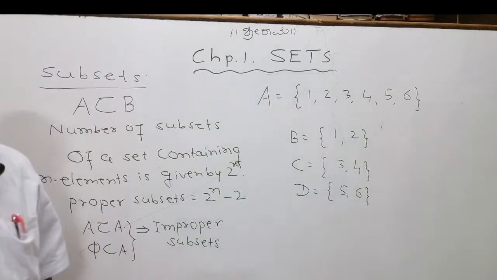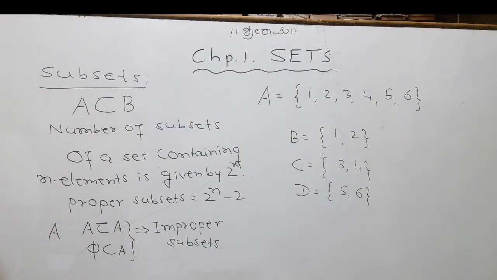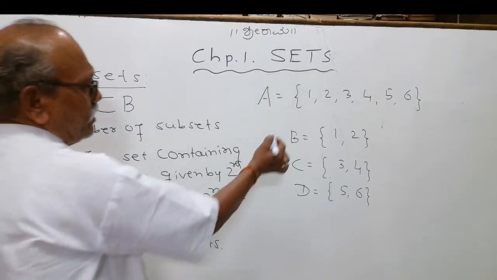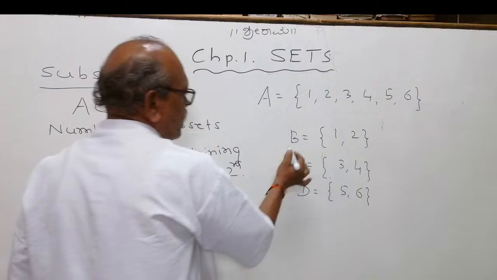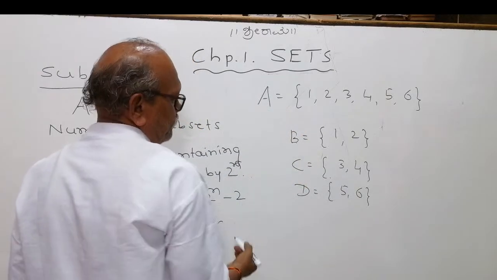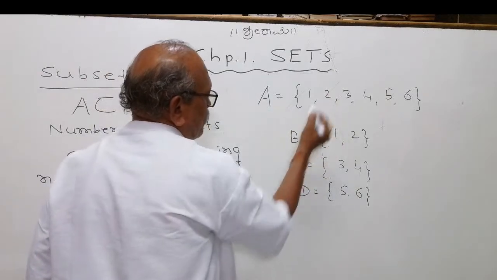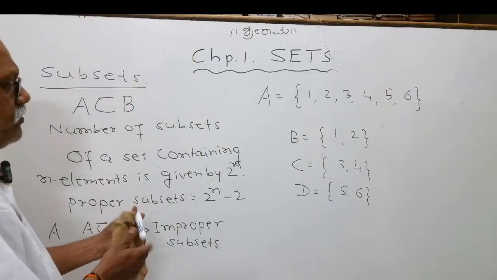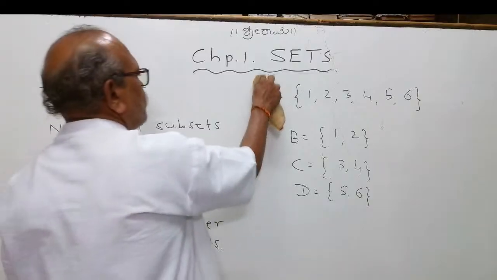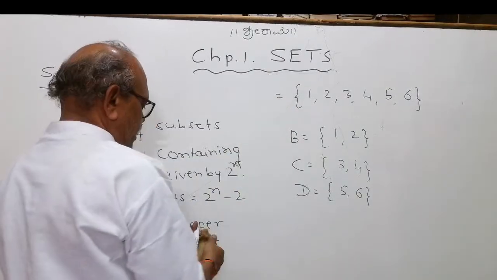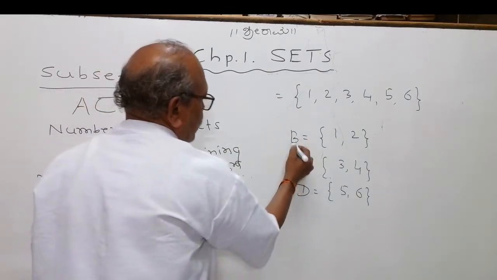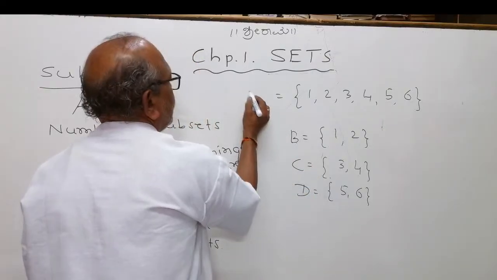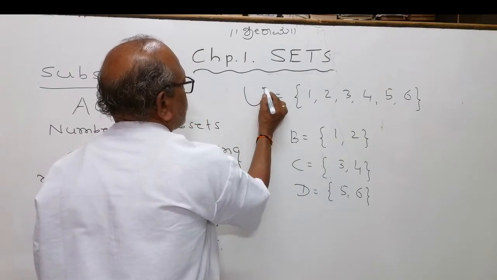Observe these 3 sets: B is a subset of A, C is a subset of A, D is a subset of A, such a big set which contains all the elements of the sets under study. This particular set is called the universal set.